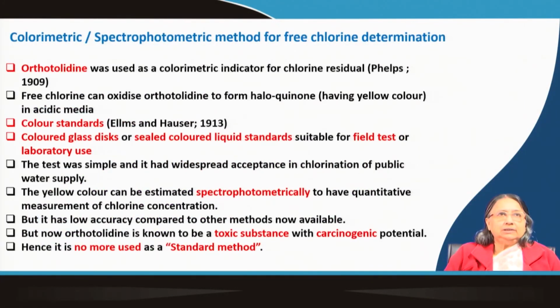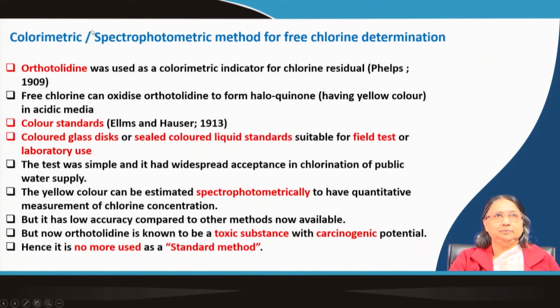Other methods are also there. Orthotoluidine method, this is an old method, colorimetric or spectrophotometric. You can extend colorimetric to spectrophotometric also by doing the calibration curve using the spectrophotometer. But colorimetric is just the color you produce and compare, different colors you produce with different concentrations, then you compare with your sample solution after formation of color.